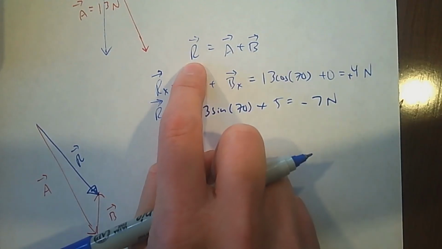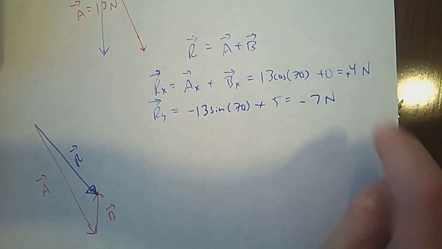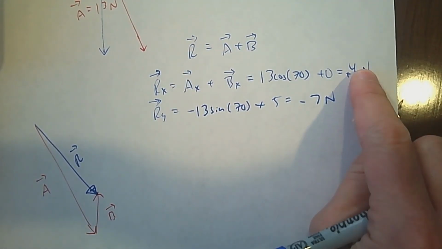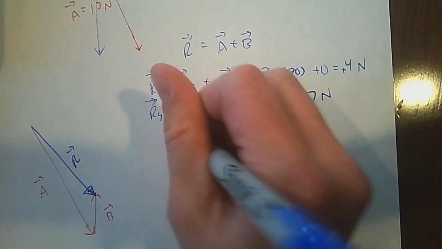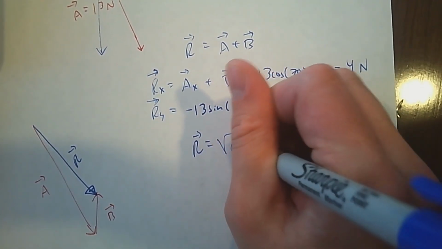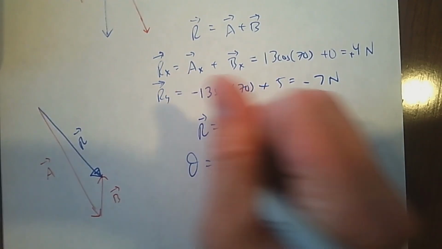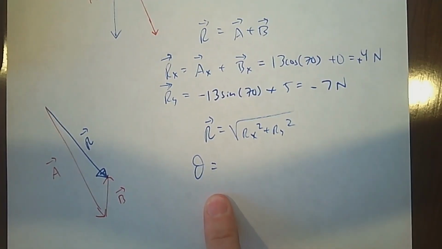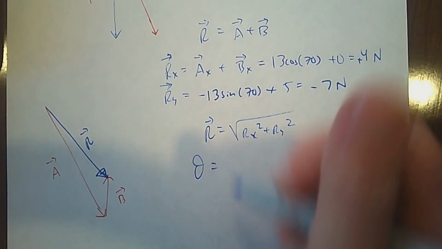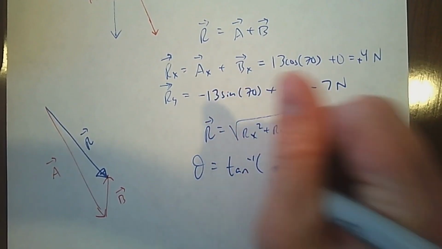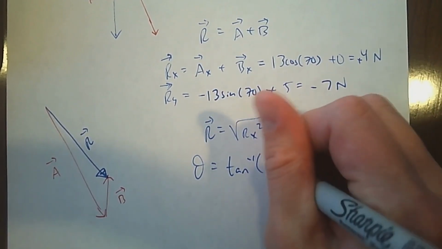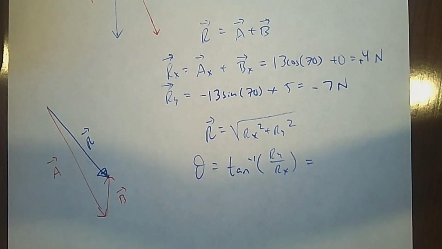And the resultant magnitude is found by taking the square root of this guy squared plus this guy squared, right? R equals the square root of the x component squared plus the y component squared. And then the angle theta would be found by the inverse tangent of the y component over the x component, right?